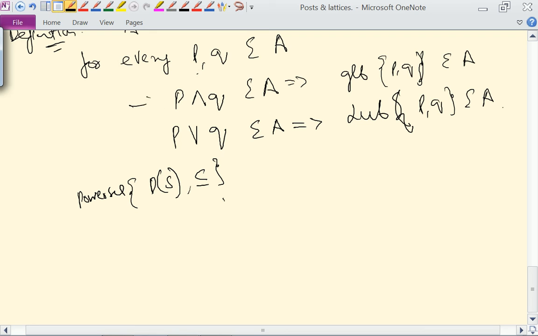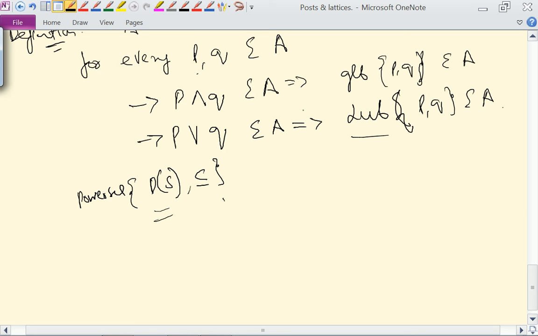It is a lattice only if both P meet Q and P join Q belong to it. P meet Q is the GLB, greatest lower bound, and P join Q is the least upper bound. I get the least upper bound by the union. If we take the union of two sets in the power set, that will definitely be in the power set, right?